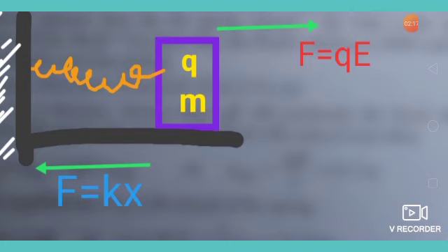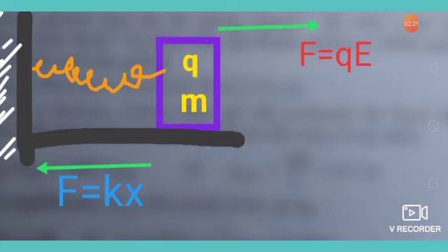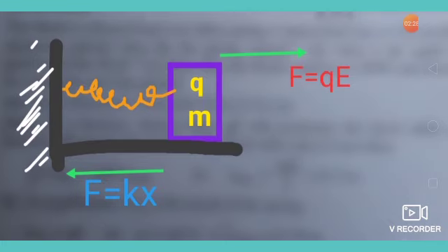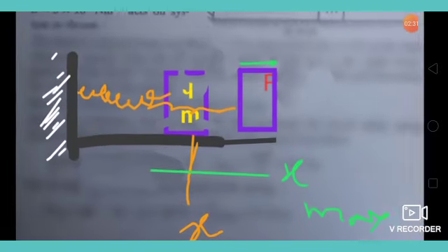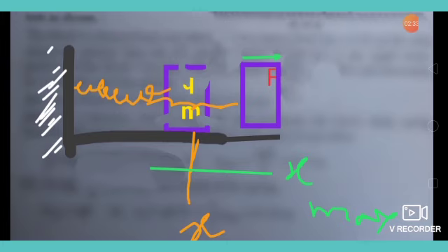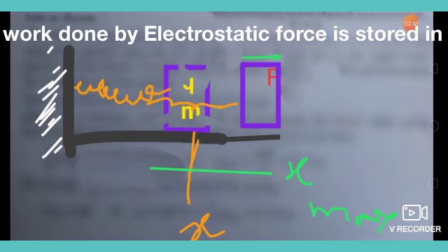Work is done by the electrostatic force, which is equivalent to the work stored in the spring, because the block stretches the spring, increasing its length up to x maximum.